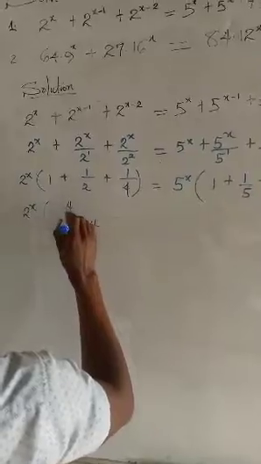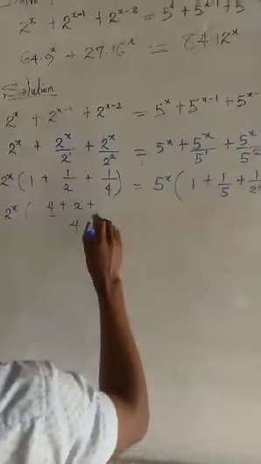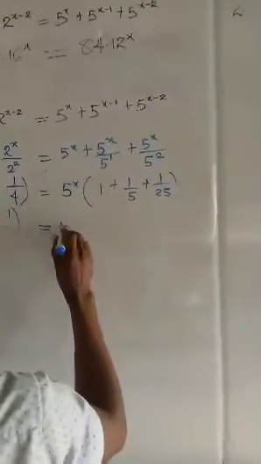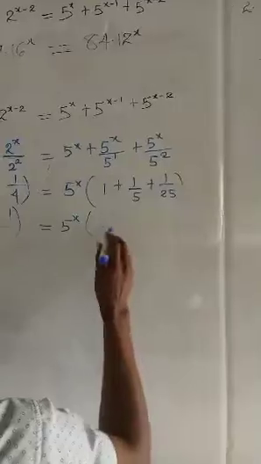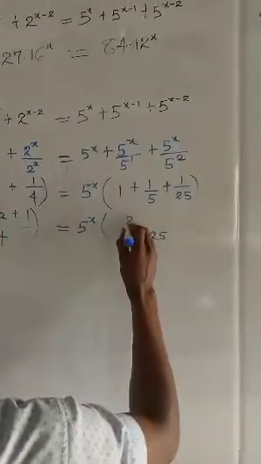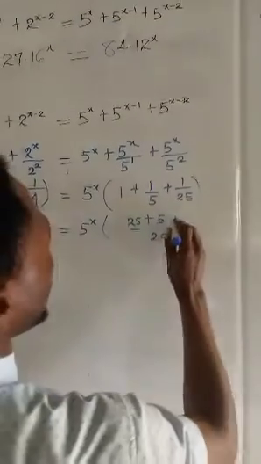So we have 4 plus 2 plus 1 equals to 5 raised to power x into, the LCM of this is 25. We have 25 plus 5 plus 1.